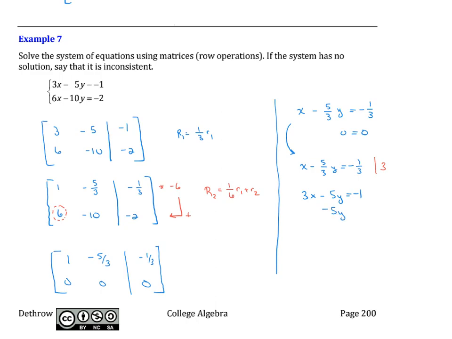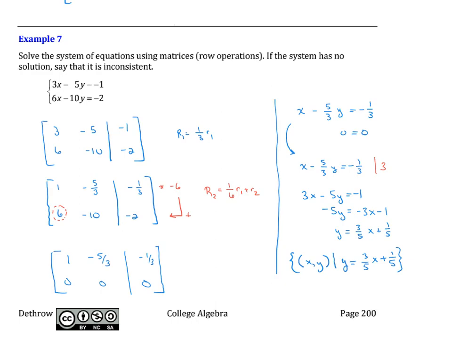Negative 5y equals negative 3x minus 1. So y equals 3/5 of x plus 1/5. And so there are infinitely many solutions. x comma y, it's the set of all ordered pairs x, y, where y equals 3/5 x plus 1/5.